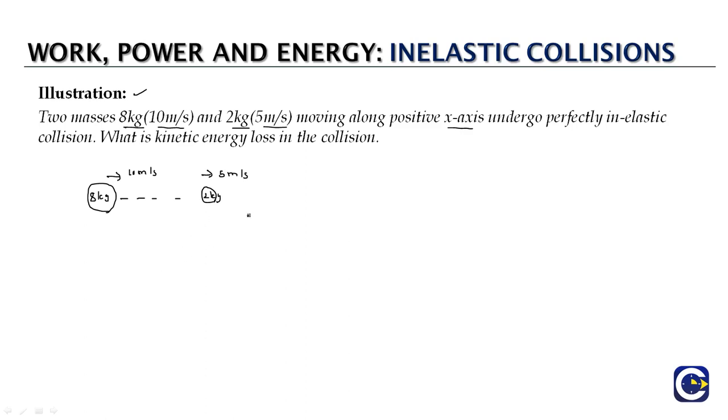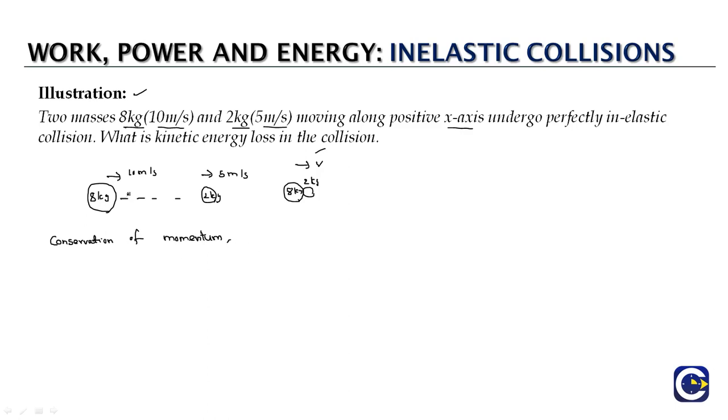Now after the collision, what would happen is, these two, the 8 kg and the 2 kg, would be moving with a common velocity. So to find the value of the common velocity, we will be using the idea of conservation of momentum. Always in the case of head-on perfectly inelastic collisions, to find the final common velocity, we will be using the conservation of momentum principle.